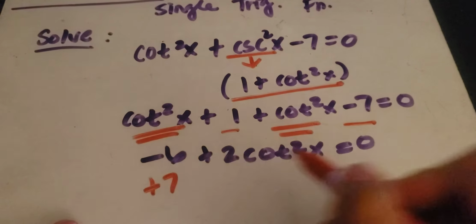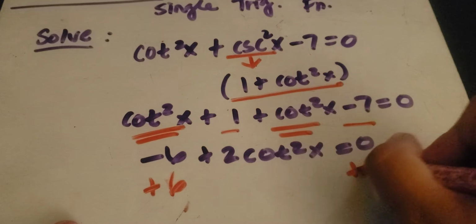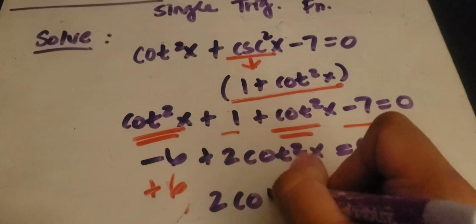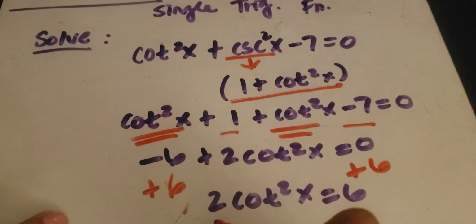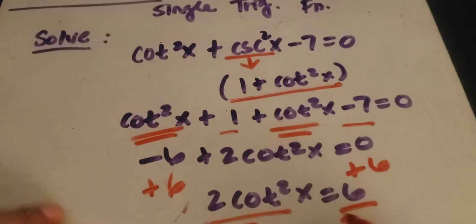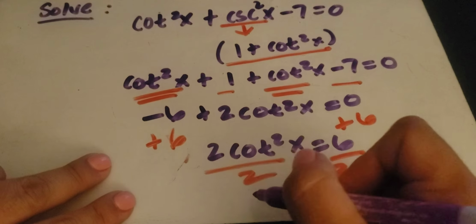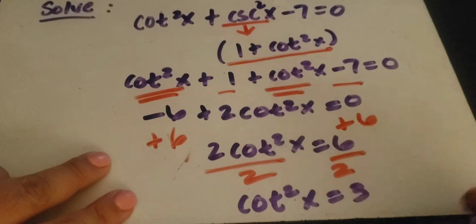I would add 6 to both sides, and I'm left with 2 cotangent squared of x equals 6. Then divide both sides by 2, which gives cotangent squared of x equals 3.